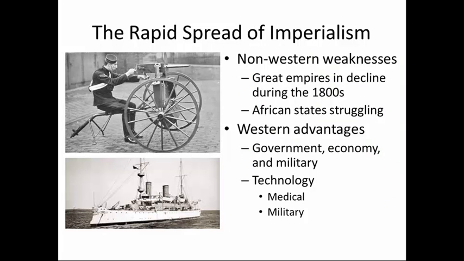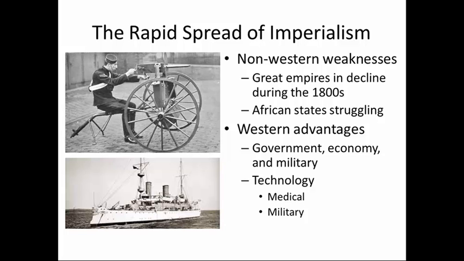So let's move on to how the Europeans and then later the Americans and Japanese are going to be able to imperialize so successfully. And this part's kind of a no-brainer. There were some really significant non-Western weaknesses and some really significant Western advantages. So non-Western weaknesses, the great empires of Asia, the Mughal, the Ottoman, the Persian Empire, were all decaying right here at the end of the 1800s when this new imperialism is beginning.